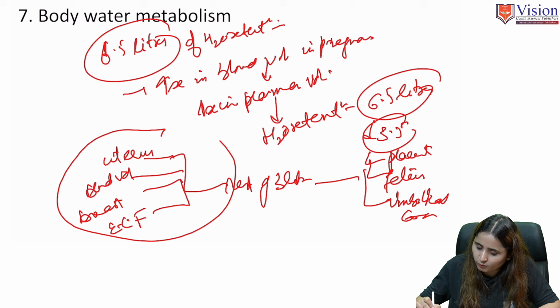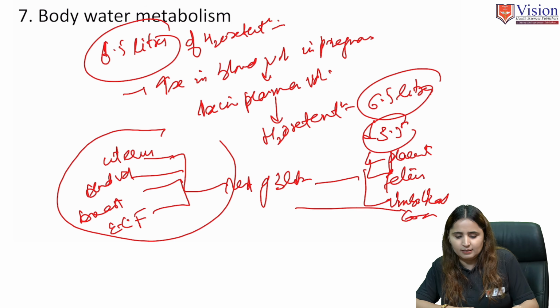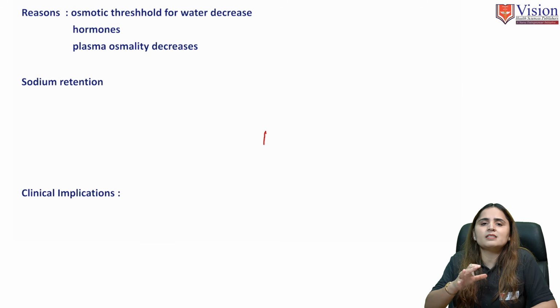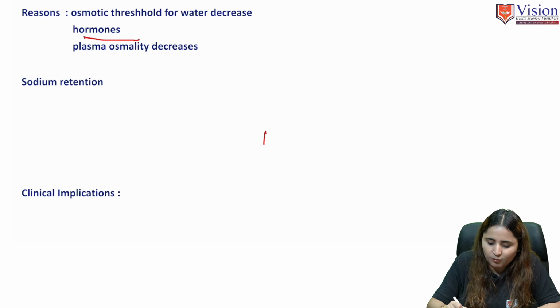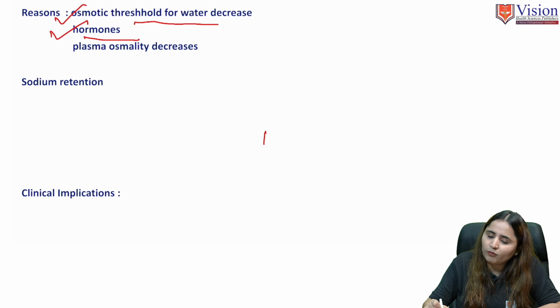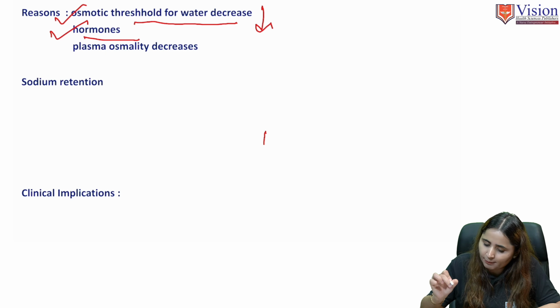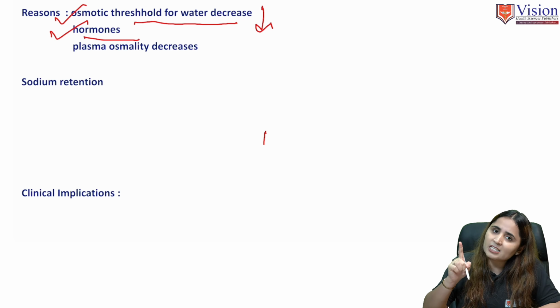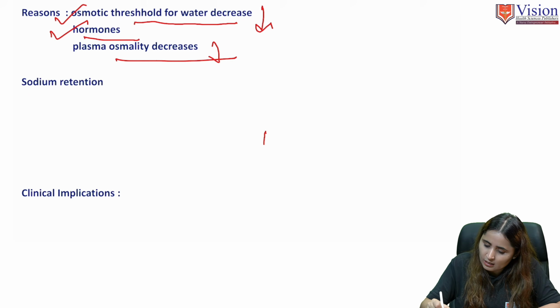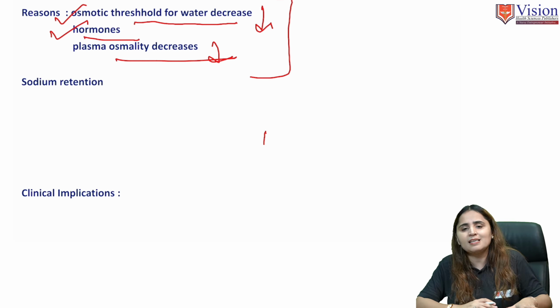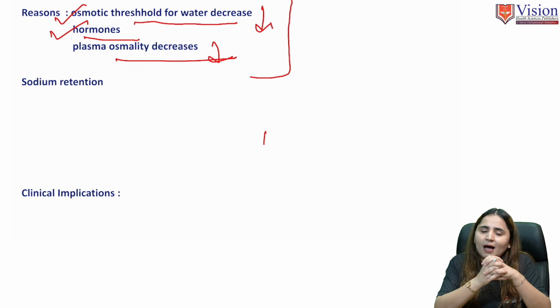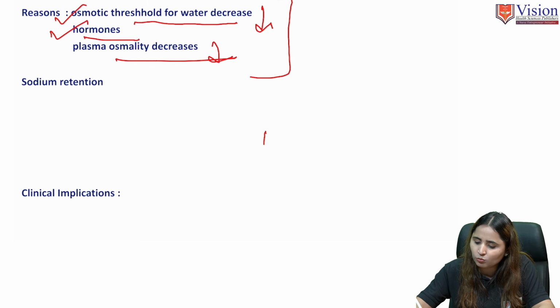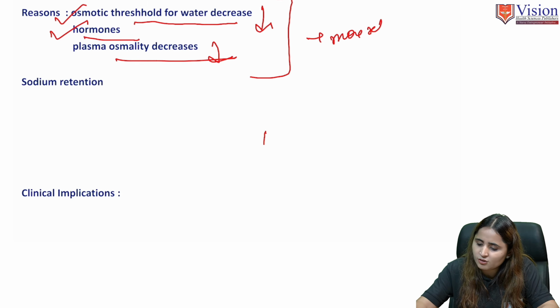Now let's discuss the reason for this water retention. It is due to the hormones estrogen and progesterone first, and second, the osmotic threshold for water decreases in pregnancy, along with plasma osmolality. This decrease will lead to more retention of water.